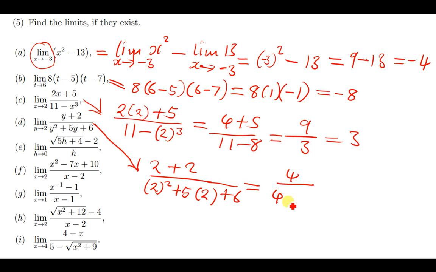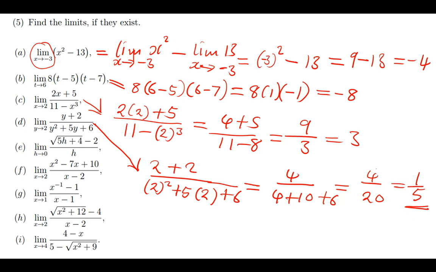So we have 4 plus 10, then plus 6. So 16 plus 4 will give us 20. So 4 over 20. So 1 over 5 is the answer, because 4 into 4 is 1, and 4 into 20, we're getting 5.